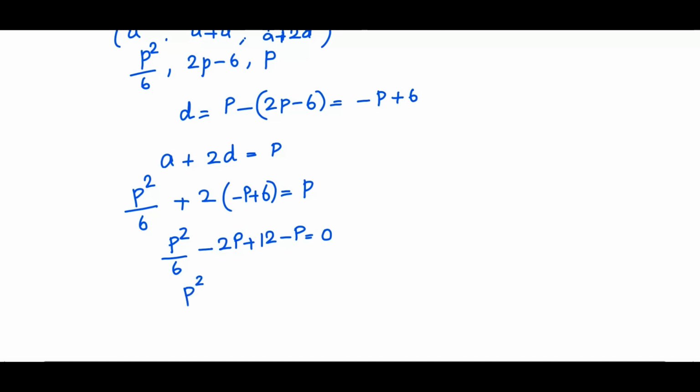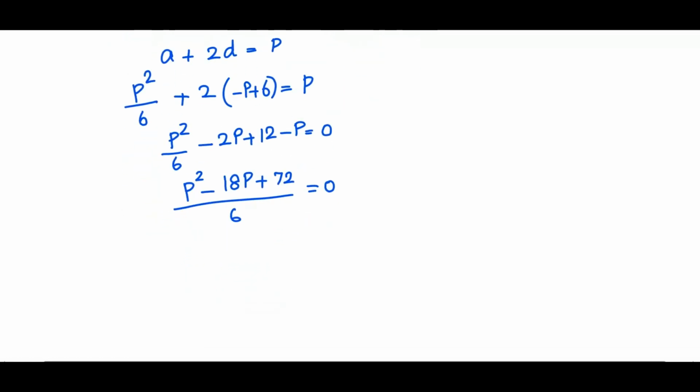Or this can be written as P square minus 2P and minus P is minus 3P. We will take 6 as common denominator. So we'll get 18P plus 72 equal to 0.